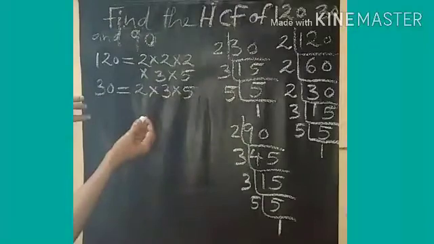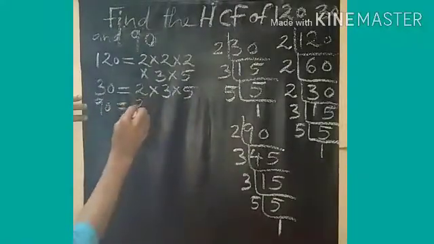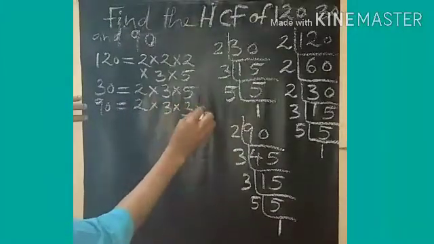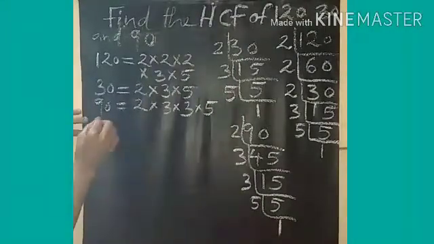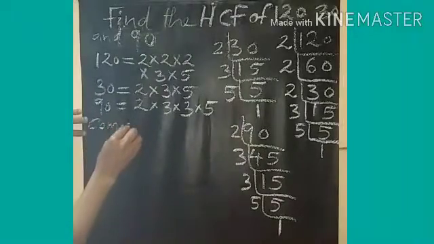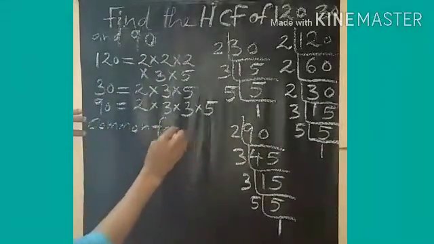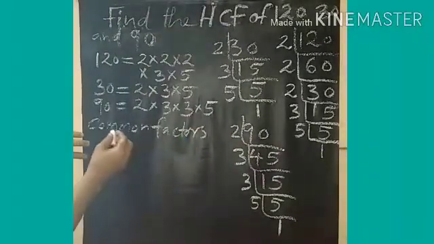Then 90 is equal to 2 into 3 into 3 into 5. Okay. Next we find what? Common factors. What are the common factors?